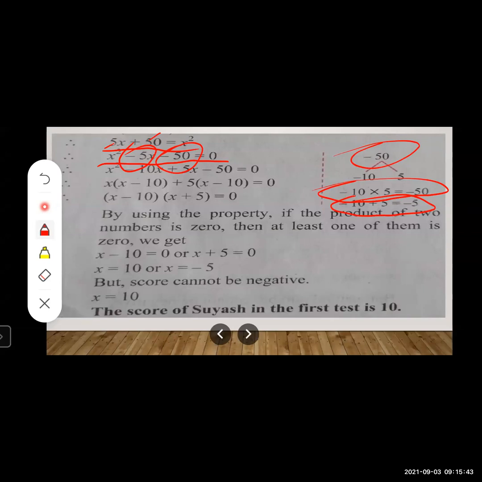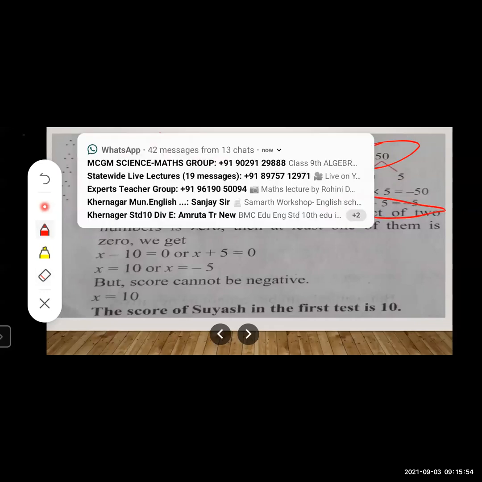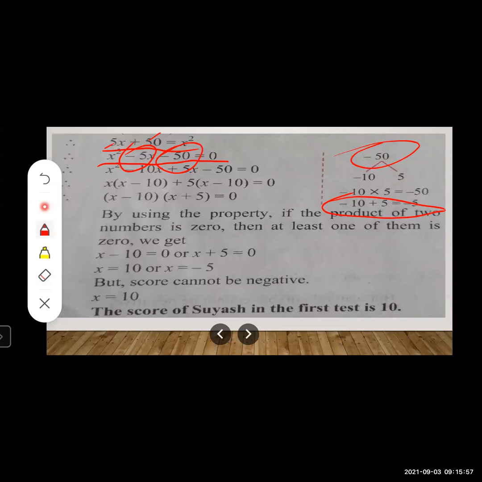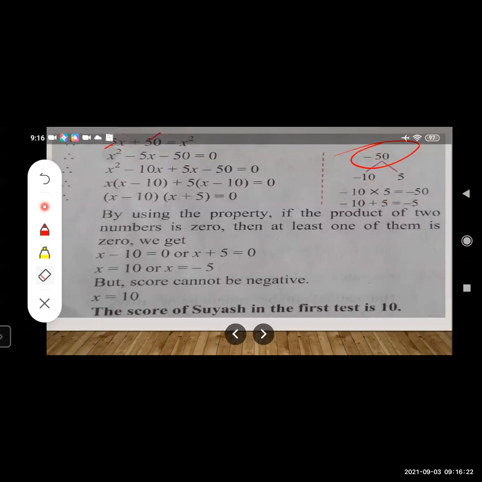So which factors have I taken? I have taken minus 10 and plus 5. When I add these factors, minus 10 plus 5, what am I getting? I'm getting minus 5, and that is nothing but the middle term. And when I multiply these factors, I'm getting the last term, right?